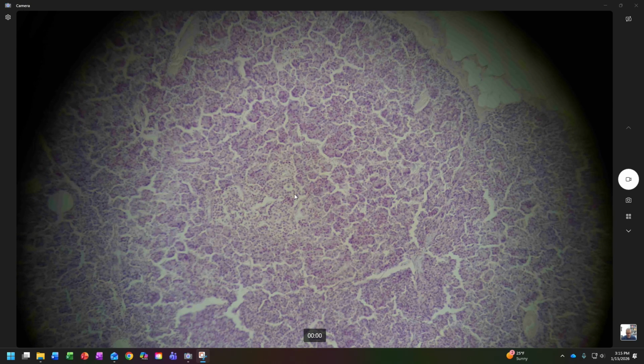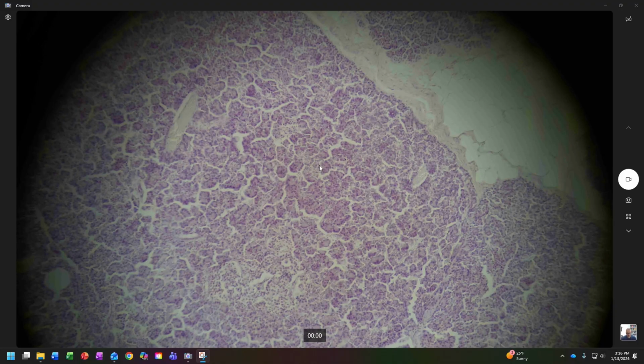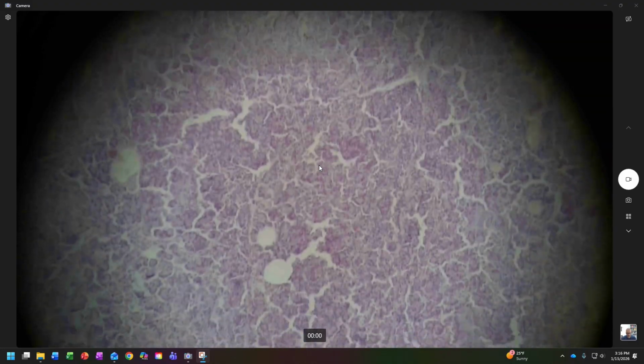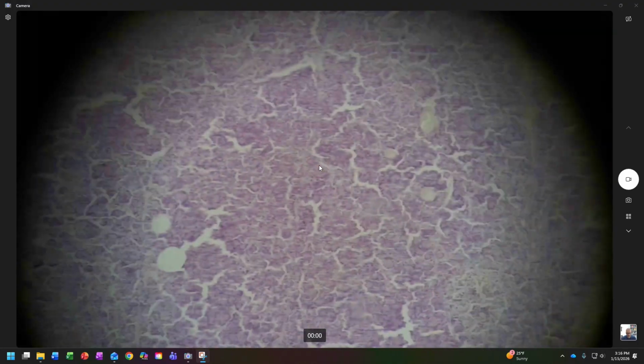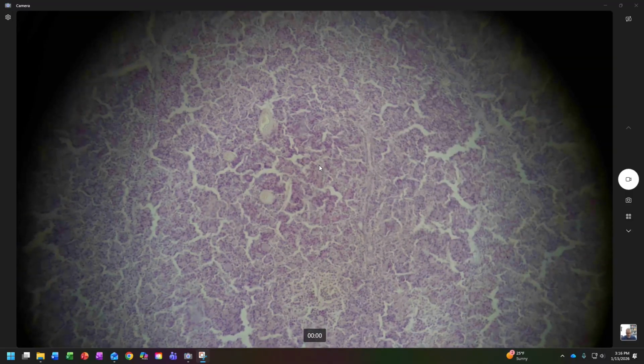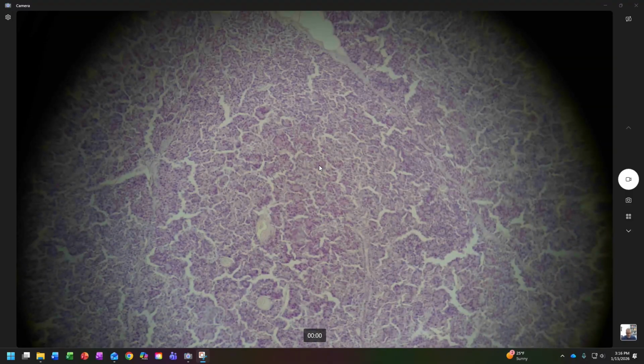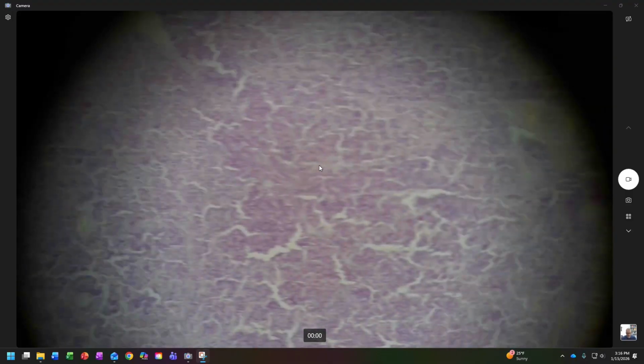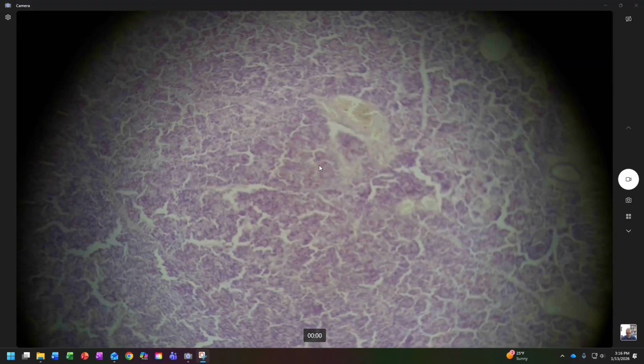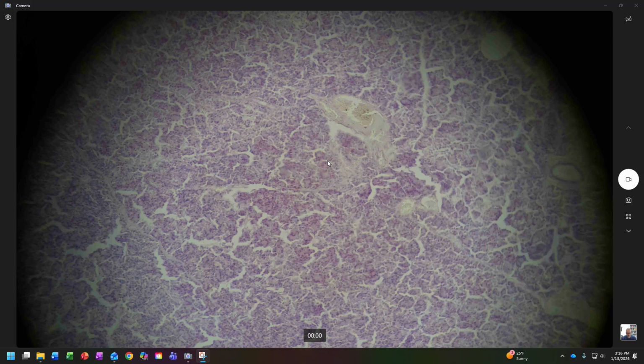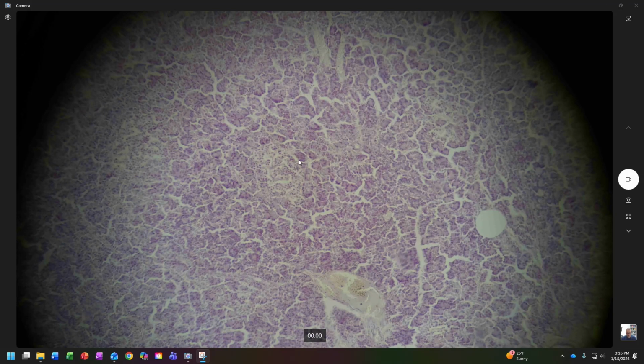So I'm thinking that might be one there. You can see that these cells are a little bit different looking than the cells around here. Again, I'm not a big fan of this slide. There just doesn't seem to be a lot of contrast, but that's probably an islet there.